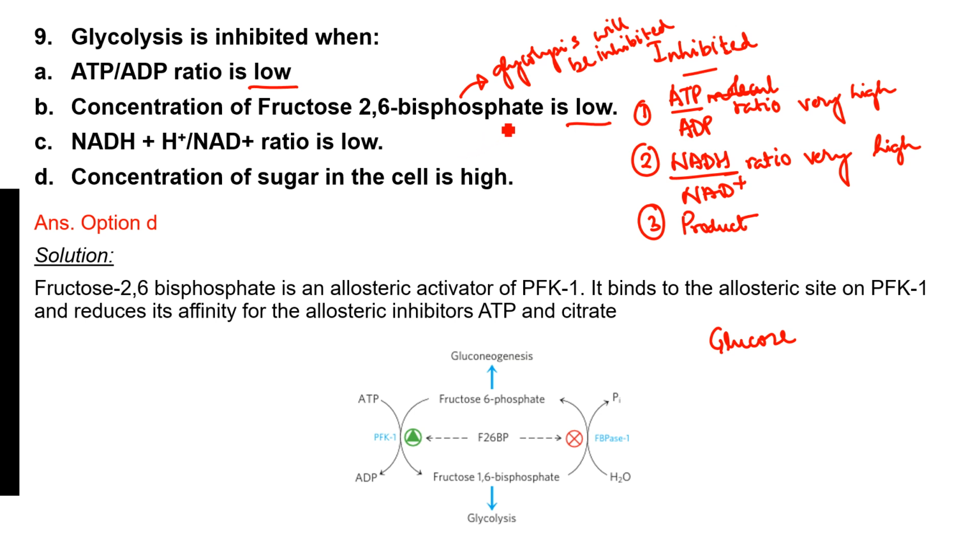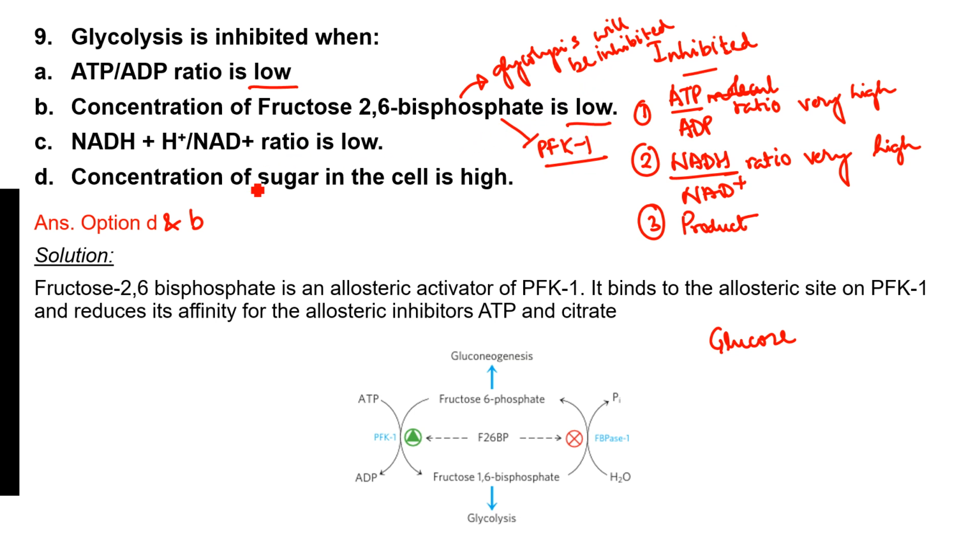Because fructose 2,6 bisphosphate activates the enzyme phosphofructokinase 1, so if it is low, then the phosphofructokinase 1 enzyme cannot be activated. Okay, so this can also be the answer of this question. If the concentration of fructose 2,6 bisphosphate is low, then glycolysis will be inhibited.